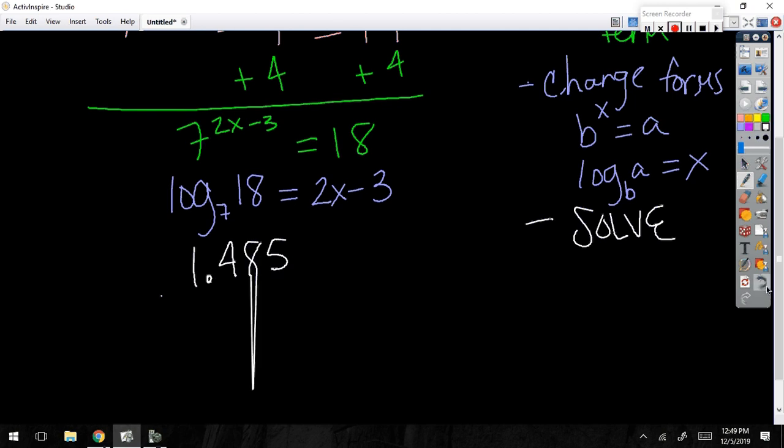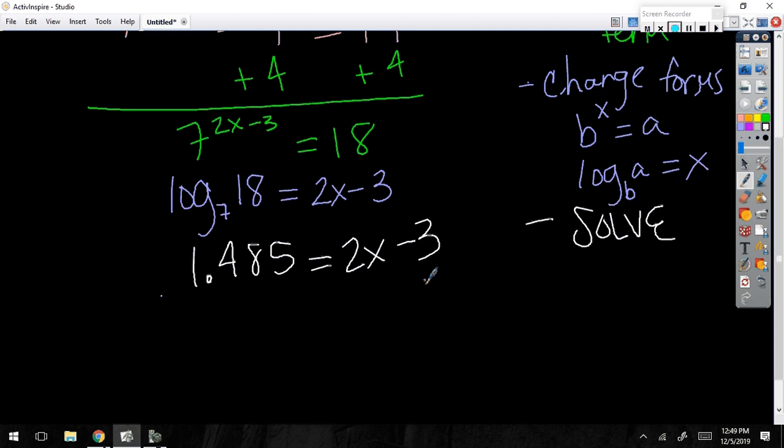Now is this an equation that you can solve? Surely. Take it out at least 2 places.